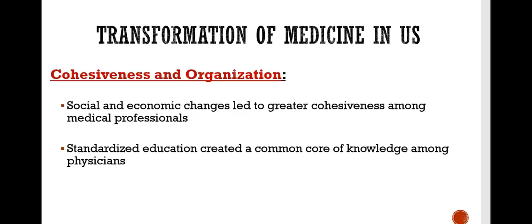U.S. physicians remained independent of hospitals and corporations. So the corporate practice doctrine was imposed by many courts. The American Medical Association gained control over medical practice, licensing, and education. And an example of this would be that licensing was contingent on graduation from an AMA-approved school.